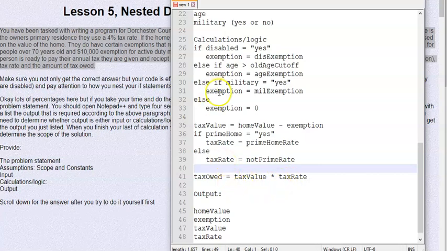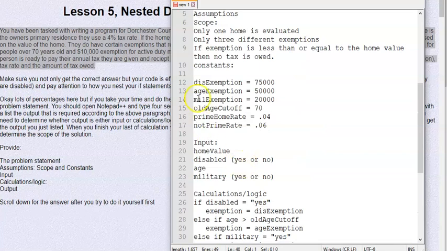So since we have covered everything that we need, we also have this scope up here. Only one home is evaluated at a time. There's only 3 different exemptions. And this way, if the user says, wait a minute, there is one more, well, then we have to change everything. If the exemption is less than or equal, then the home value is not owed.